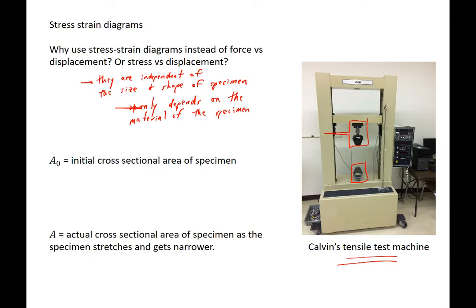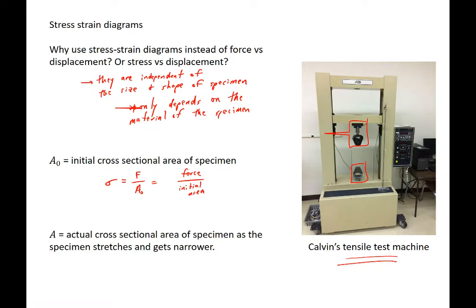Typically, when we do these plots, we're going to calculate stress as F over A0. This is basically the force over the initial area, and as we stretch a given specimen, it's going to contract a little bit in the lateral direction because of Poisson's ratio, and the area is not going to stay constant.